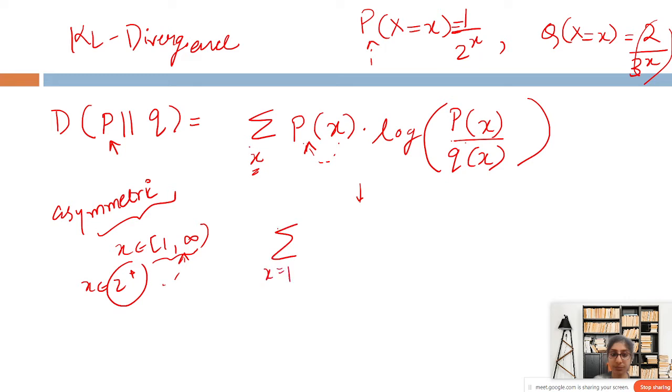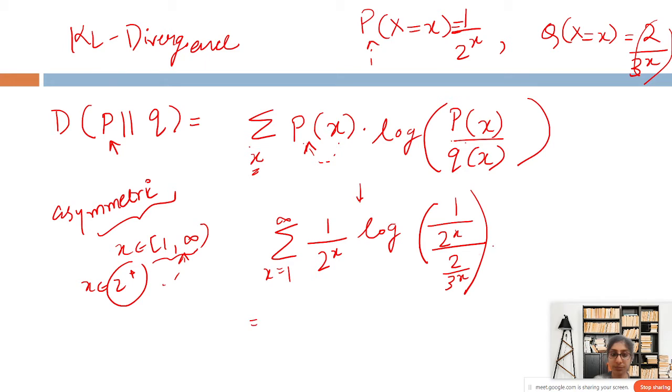Sigma x equals 1 till infinity. What is the probability that capital X takes the value from the distribution P, that is 1 over 2 to the power x, log of P(x), that is 1 upon 2 to the power x, Q(x), that is 2 upon 3 to the power x.